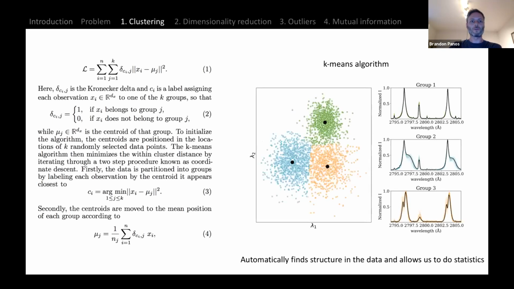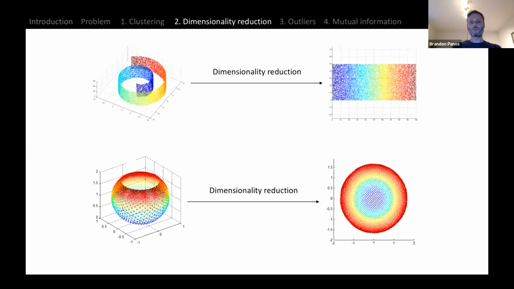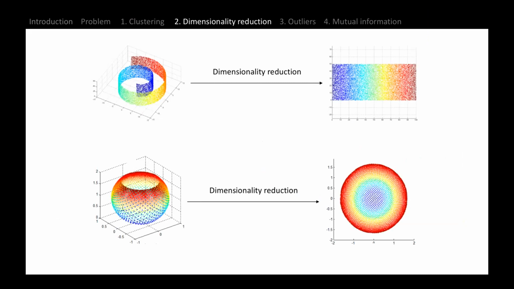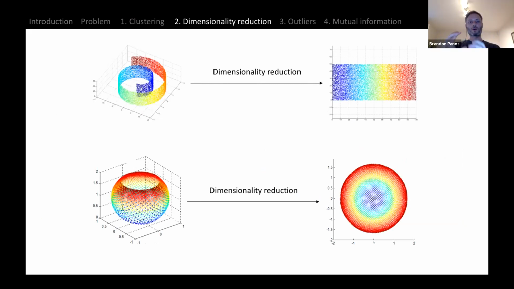But okay, for our first notebook, we're going to be looking at clustering techniques, which finds the structure in the data automatically. Then we're going to look at dimensionality reduction, where we go from a high dimension and try to preserve the topological properties whilst going to a lower dimension so that we can actually visualize the data.